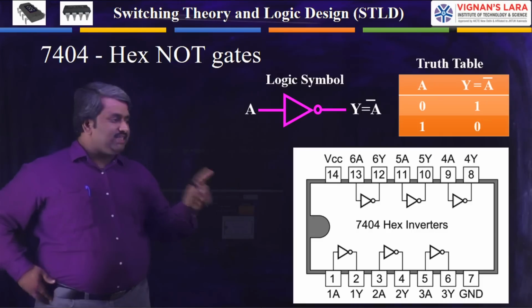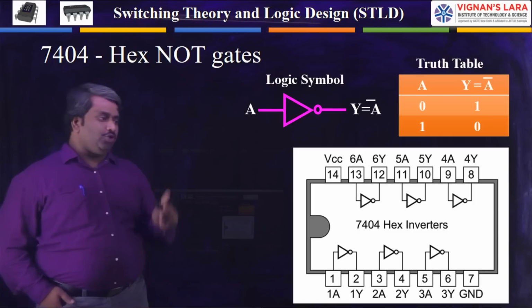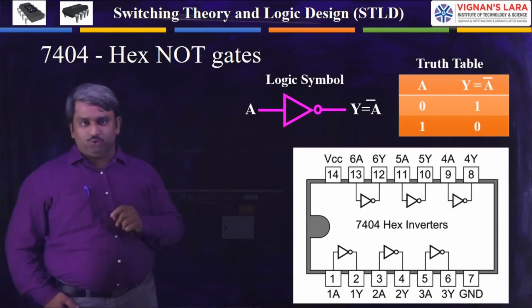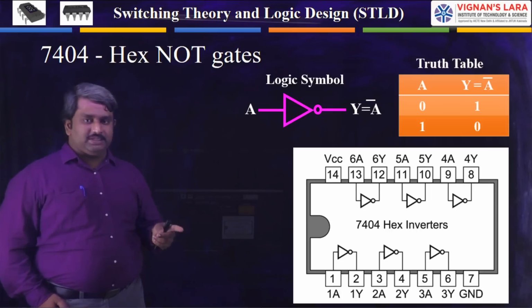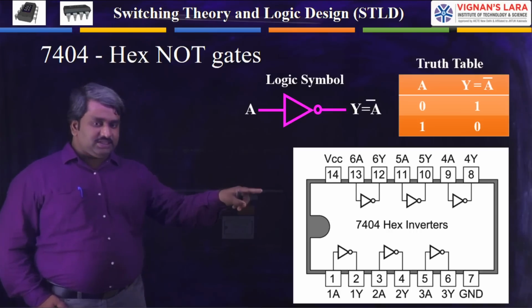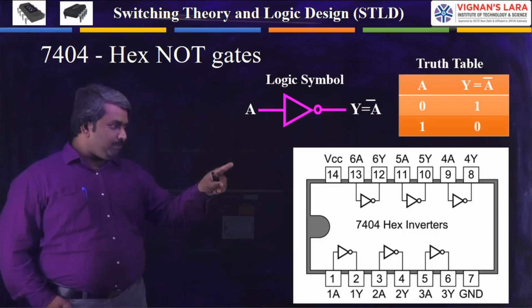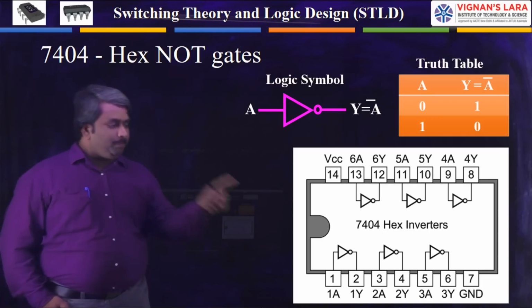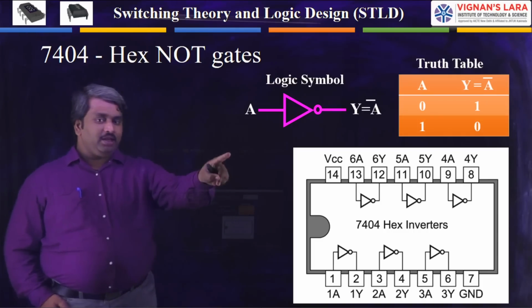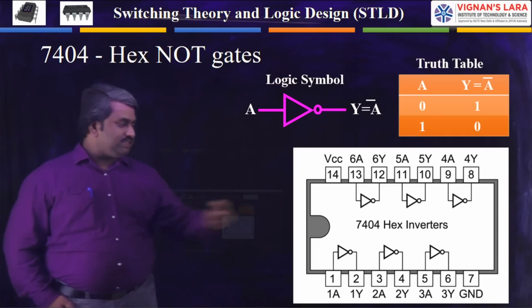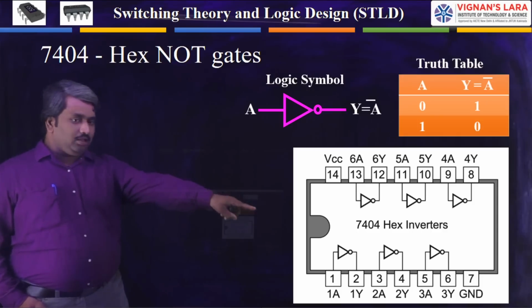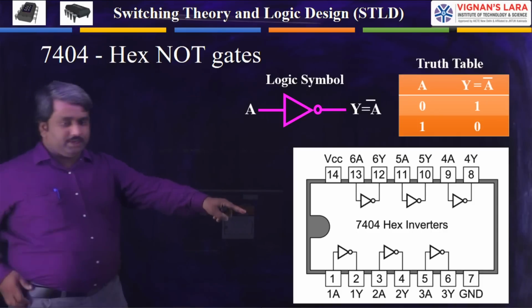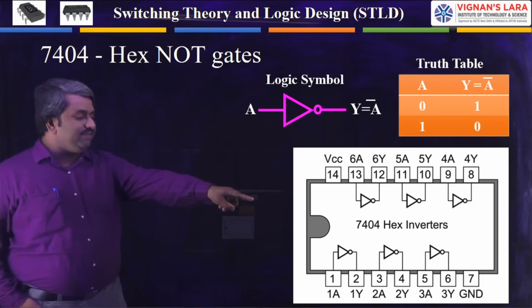So 6 NOT gates, 6 inputs, 6 outputs, totally 12 pins are required, and the remaining 2 pins: this is a 14-pin IC, in which 12 pins are inputs and outputs of the NOT gates, and 2 pins are, one is VCC. See here, this 14th pin is the VCC, and coming to the lower one, the 7th one is the ground.